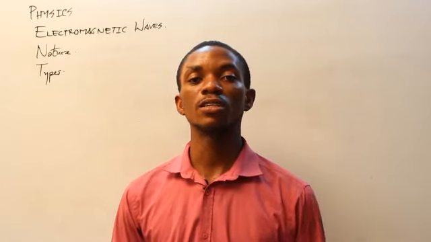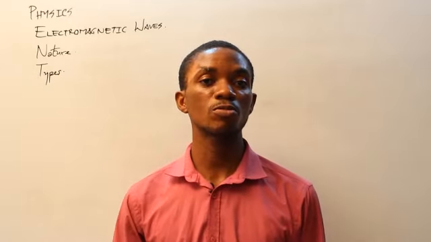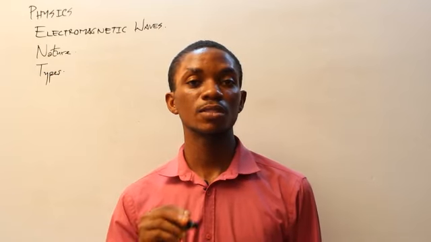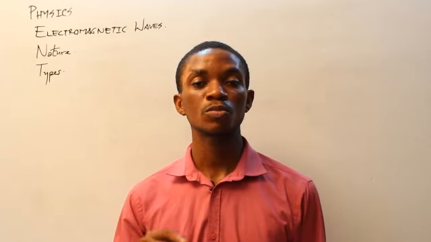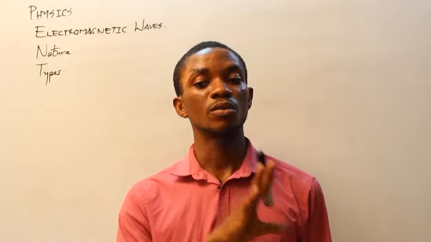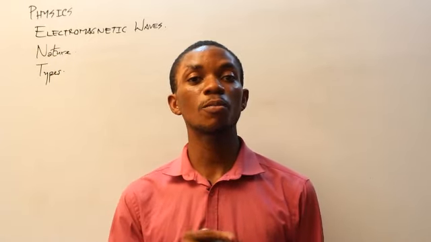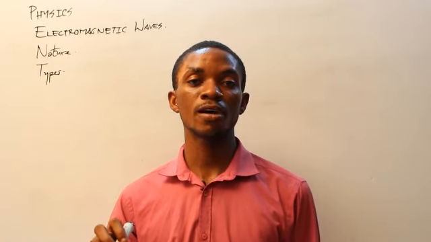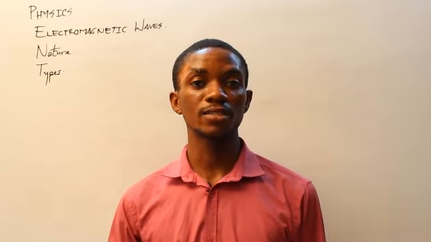We talked about the visible spectrum. In the visible spectrum, we have wavelengths between 7 times 10 raised to the power minus 7 to 4.5 times 10 raised to the power minus 7. The 7 times 10 raised to the power minus 7 is our red light, and the 4.5 times 10 raised to the power minus 7 is the violet light.